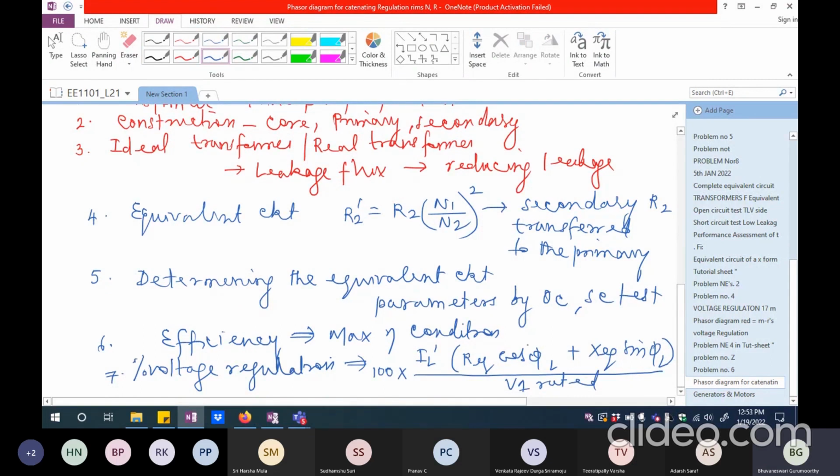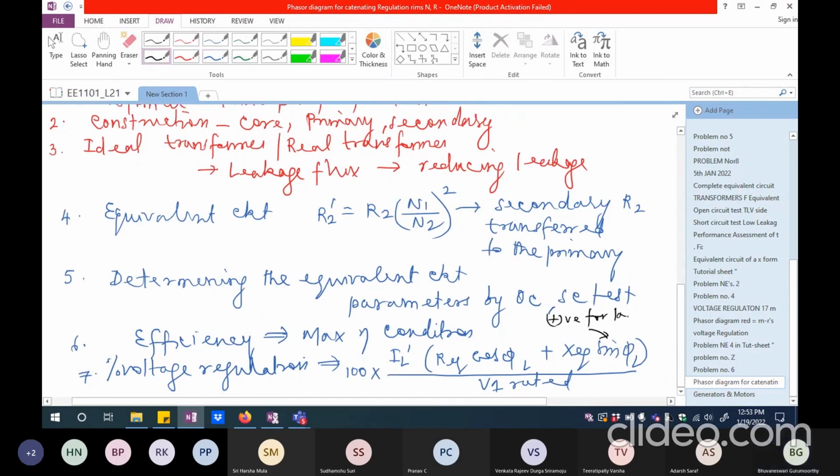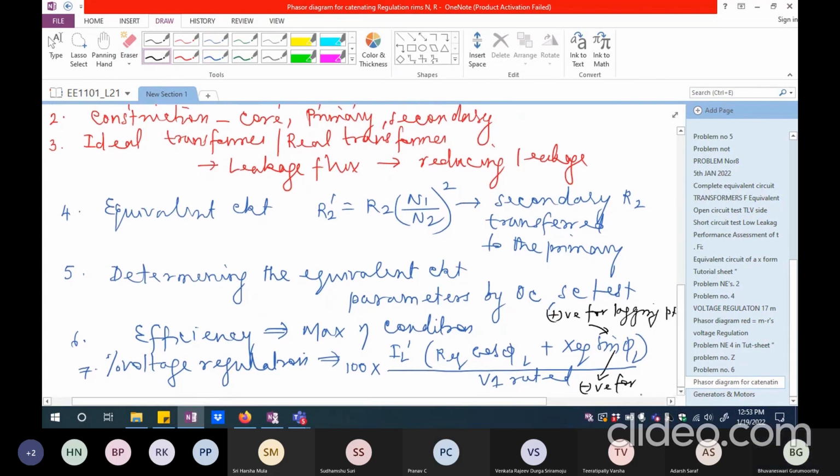And we said very clearly that sin phi L will be positive for a lagging power factor load, and it is going to be negative for leading power factor. Okay, so this is what we said with respect to the transformer.